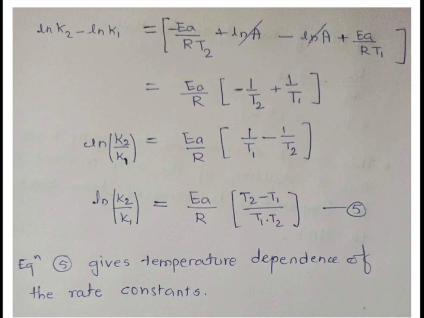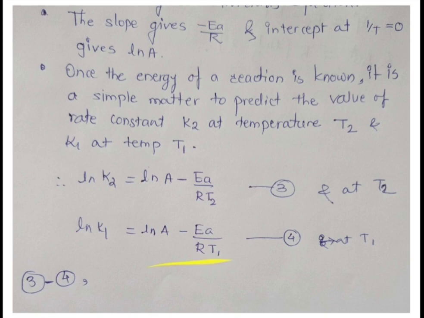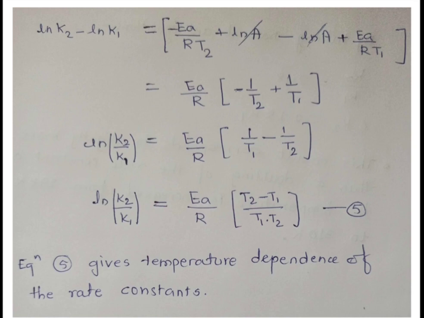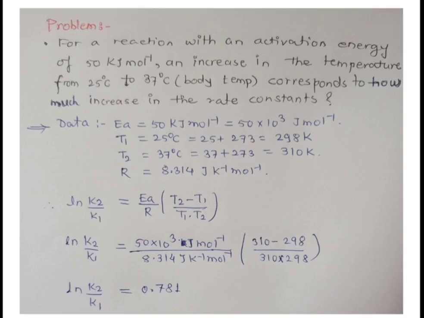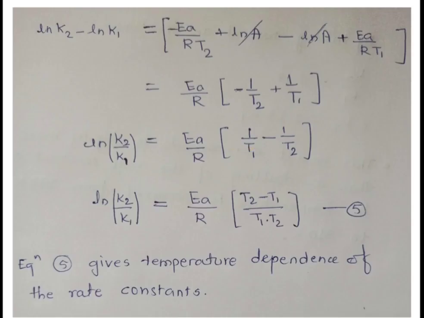Then the second equation is subtracted, which is ln A minus Ea upon RT1. When minus minus, this term becomes positive, so I have written here plus Ea upon RT1. The plus ln A and minus ln A both get cancelled. Then the remaining equation is minus Ea upon RT2 plus Ea upon RT1.